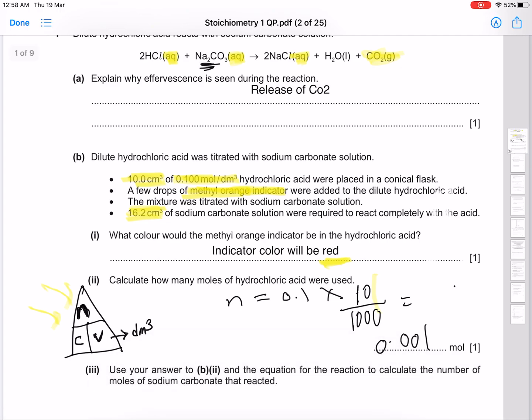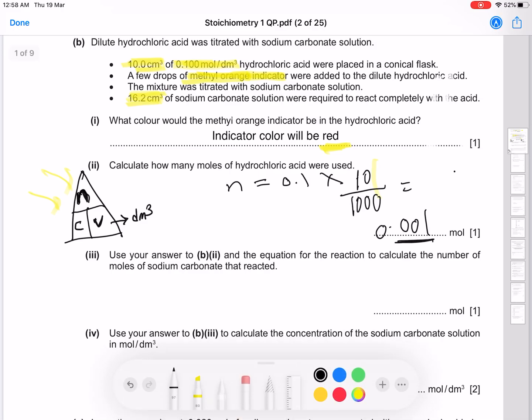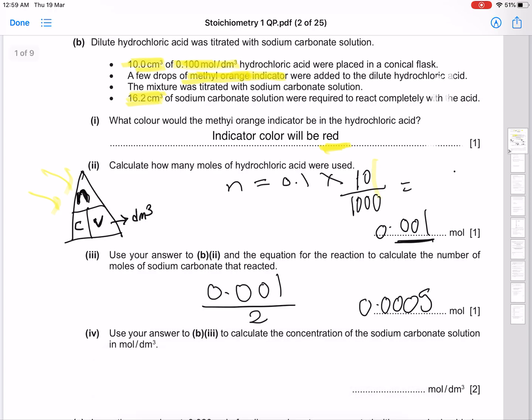So all I need to do is divide the number of moles of HCl by 2. So it's gonna be 0.001 divided by 2. That will give me 0.0005 mole. Don't forget to write the correct number of zeros in the figure.